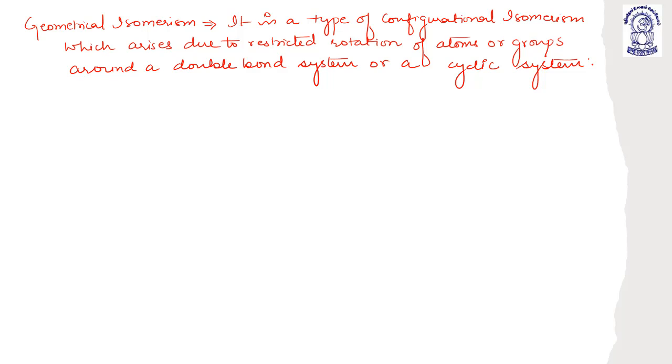Then, because of this repulsion, the atoms or groups attached in a plane have to bear this repulsion to move or rotate. So because of a double bonded system or a cyclic system, the maximum rotation they can go up to is 90 degrees.